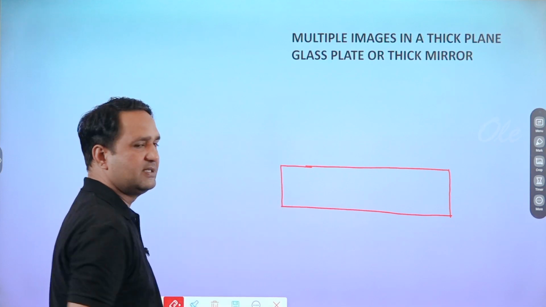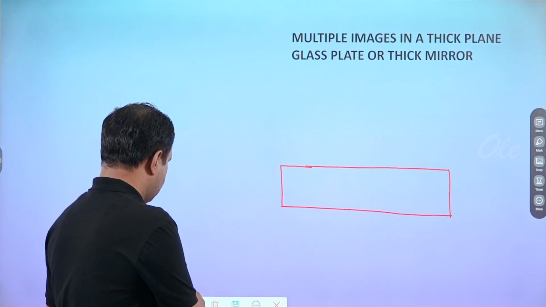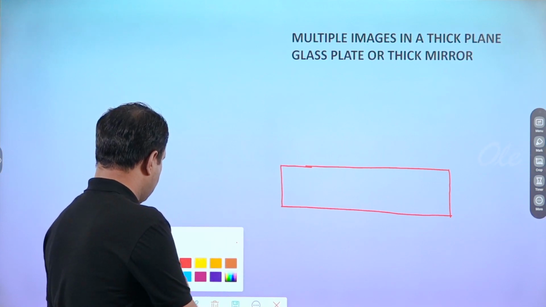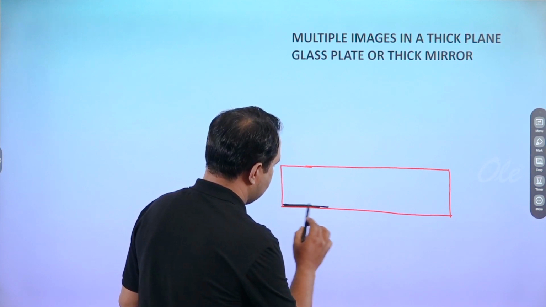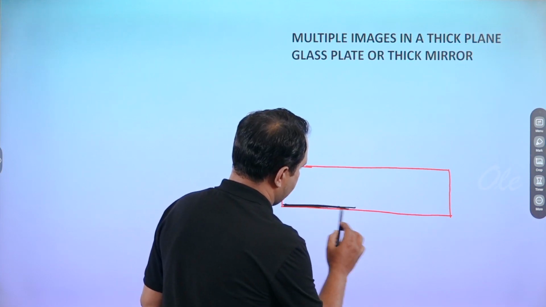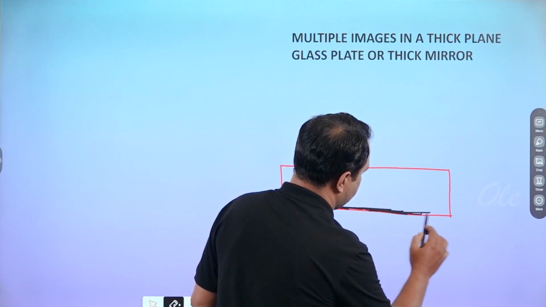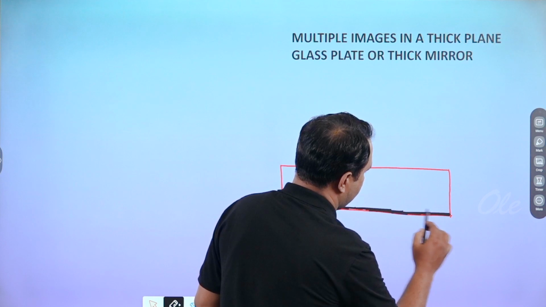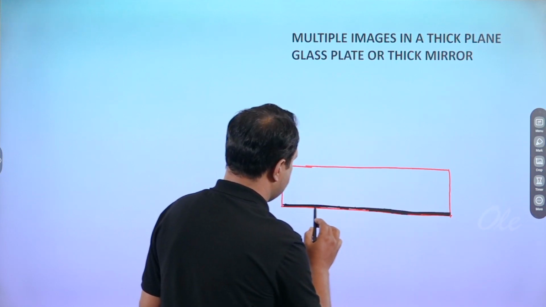This is made of glass and this is thick enough, right? Now we are going to make it a mirror by coating silver on the surface. Here we are doing the silver coating on the surface. Hence it will work as a mirror, meaning the rays which fall on it will reflect, right?